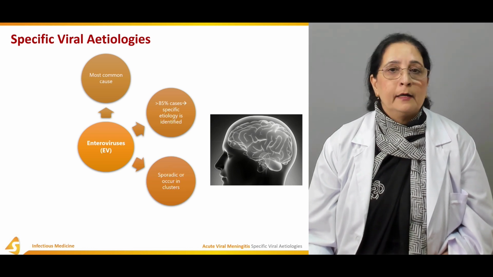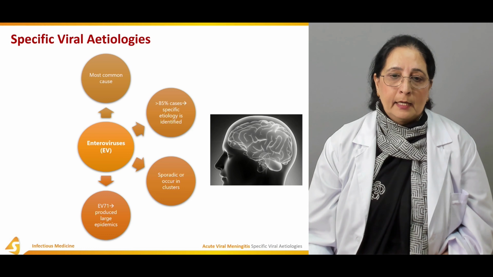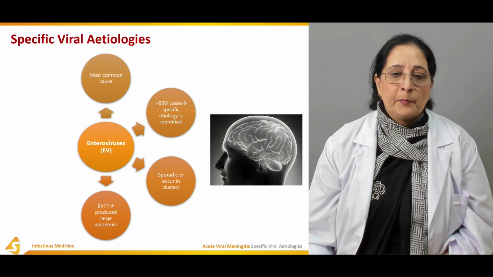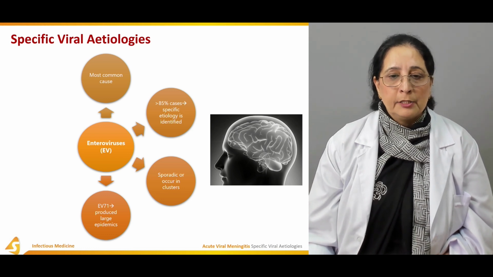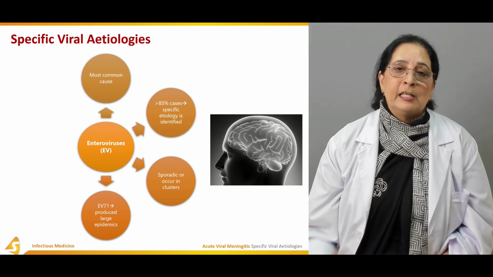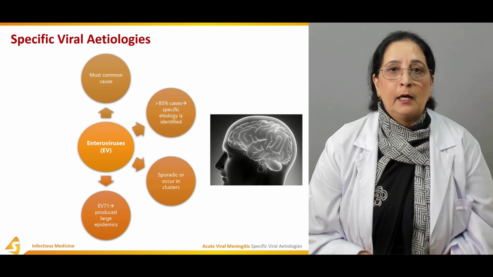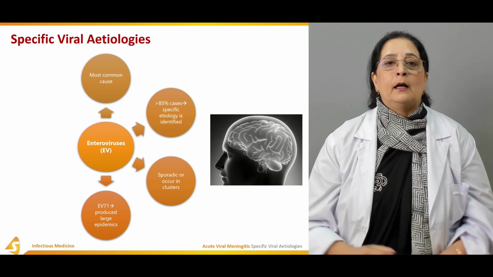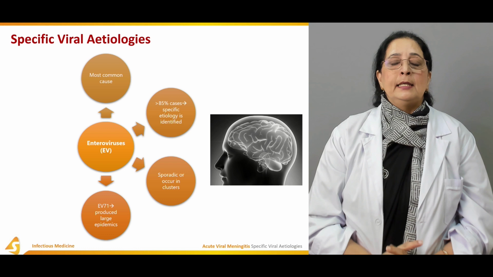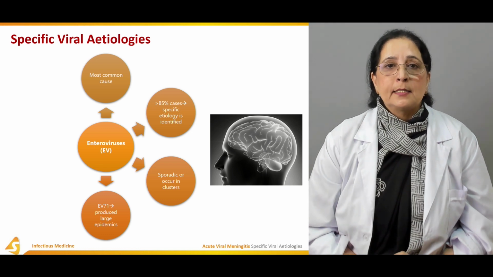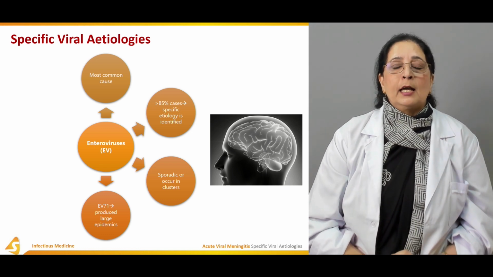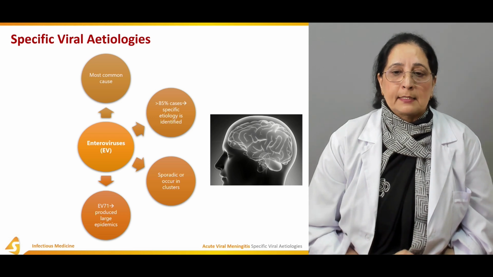Cases are sporadic or occur in clusters. EV71, enterovirus 71, produced large epidemics. A lot of people are affected by enterovirus 71, so it occurs in epidemics.